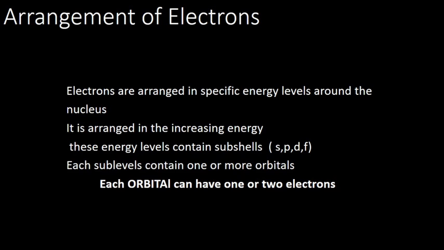Each of these energy levels contains subshells, and the subshells are designated as S, P, D and F, etc. And each of these subshells contains orbitals. So in those orbitals electrons will be lying. Main energy level is there, subshell is there, subshell has further sublevels. That is how it is arranged.